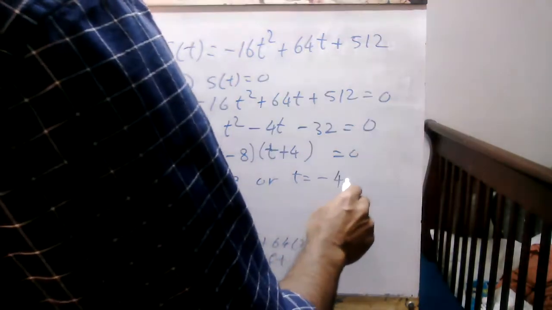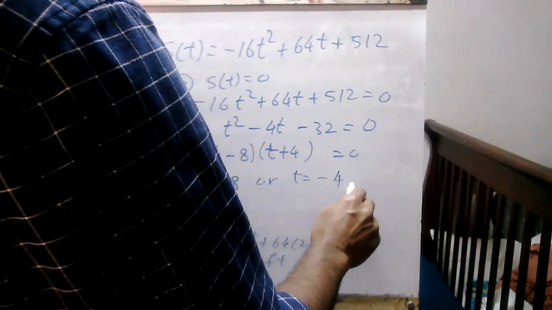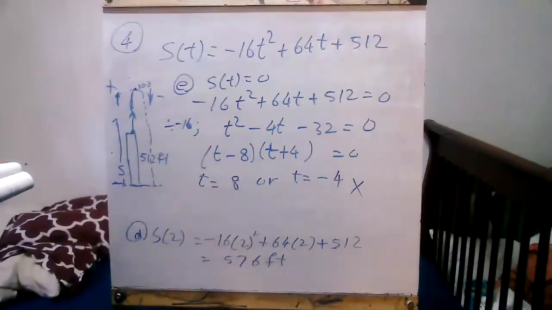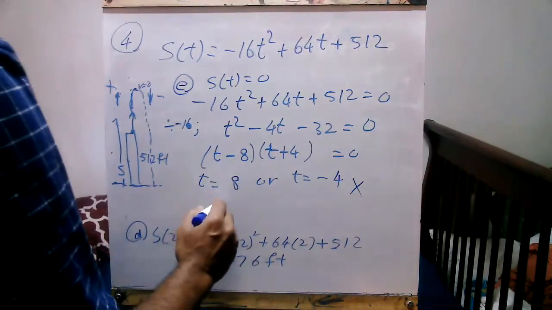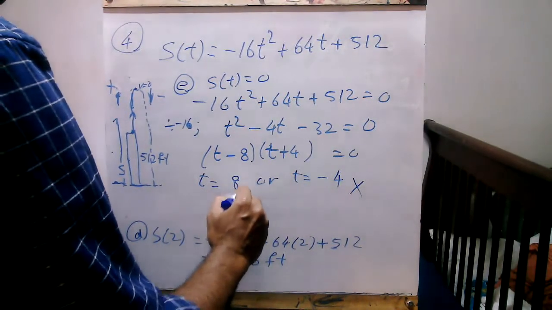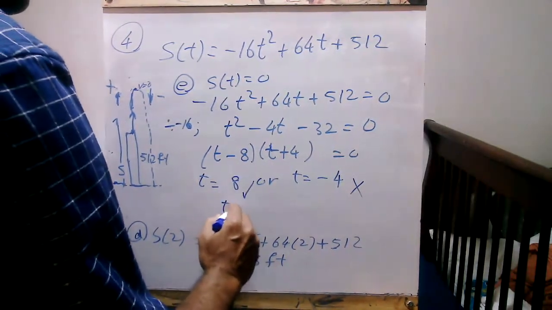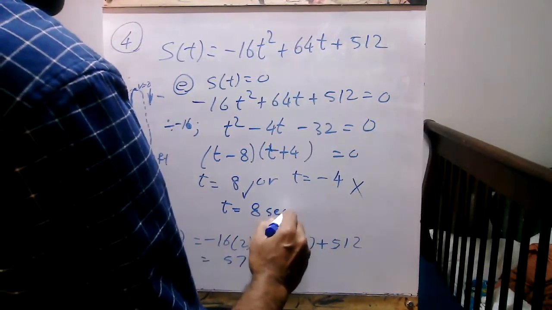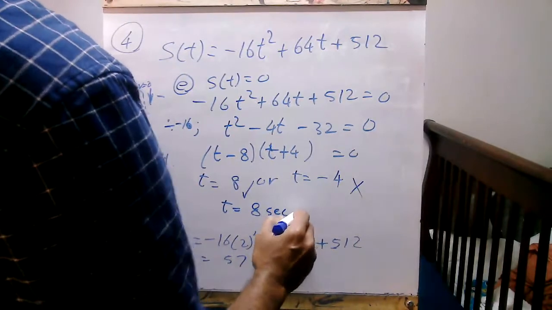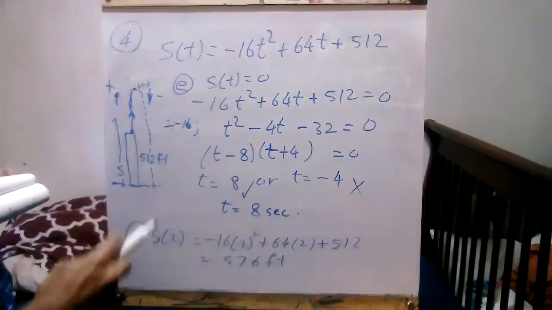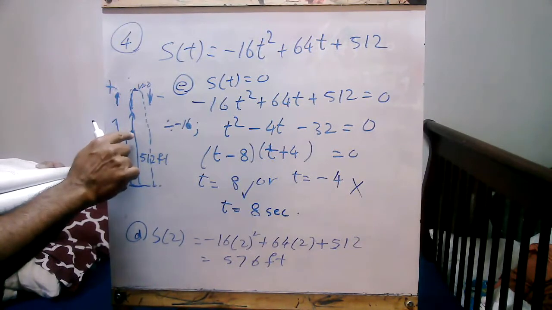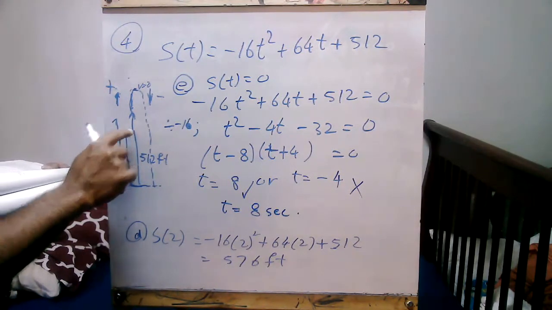T is a positive value, therefore we neglect negative 4. We accept this answer only, t equals 8 seconds, because we measure time from 0. When it is here, it is time 0.